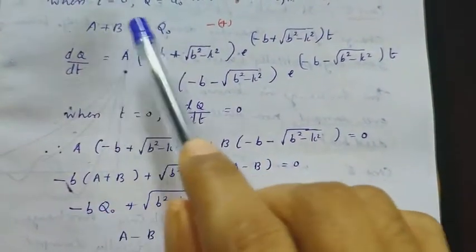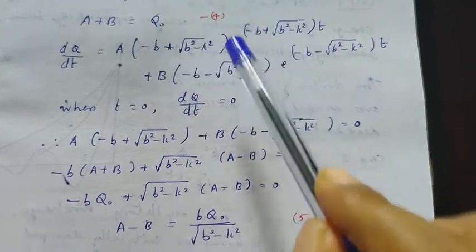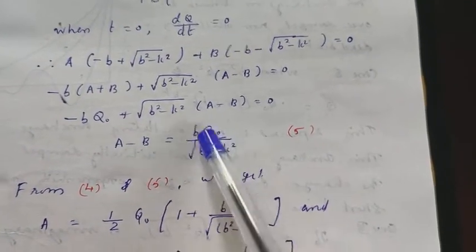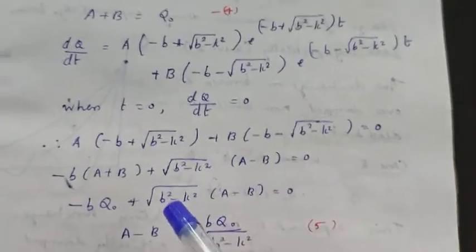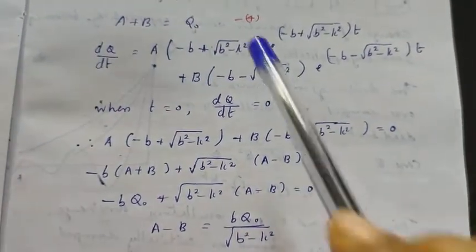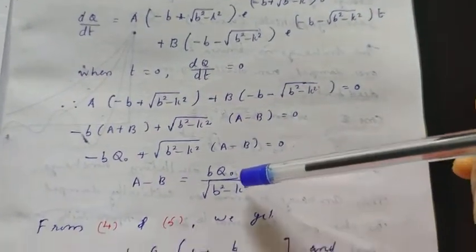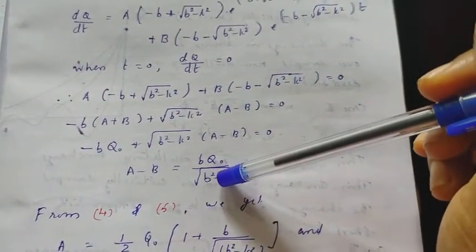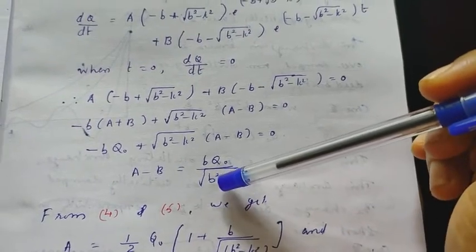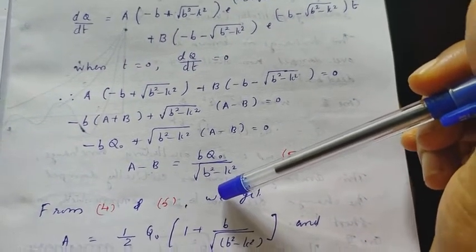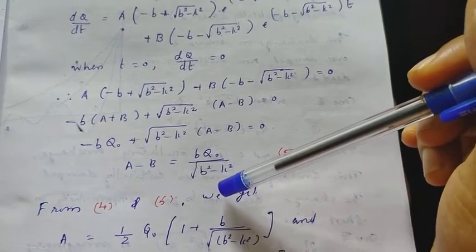So this is a plus b is equal to q0, and this is a minus b is equal to this form. These are two linear equations, a plus b and a minus b. You have already studied solving such linear equations, like x plus y is equal to 2 and x minus y is equal to 3.